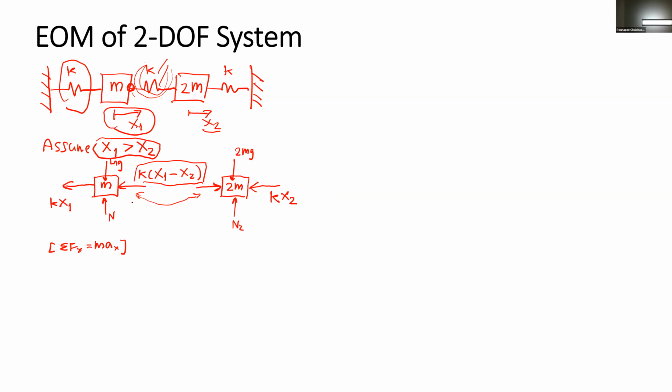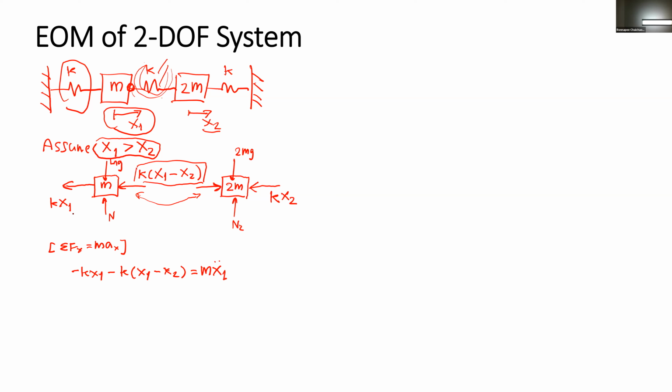So if we consider the first mass m, the summation of forces is minus kx1, and also minus k(x1 minus x2), is equal to m x double dot. X is x1 because we consider the displacement of the mass x1.